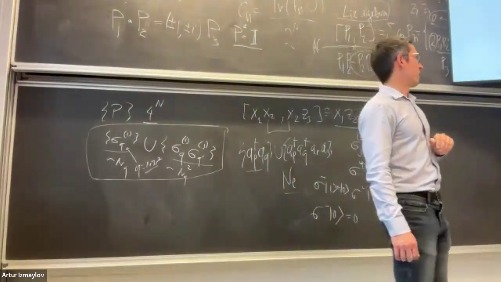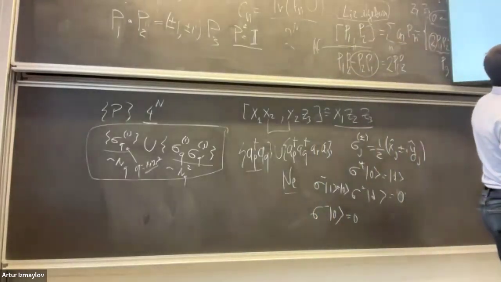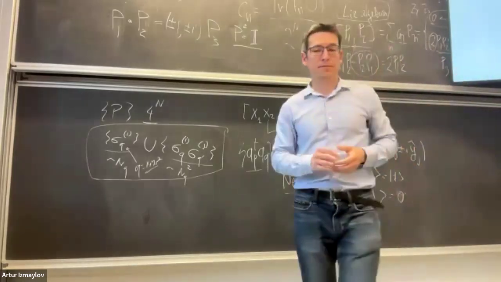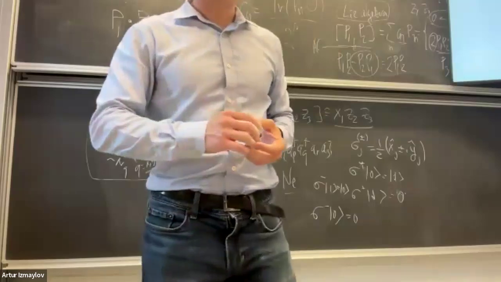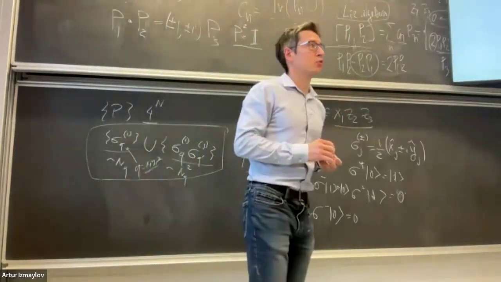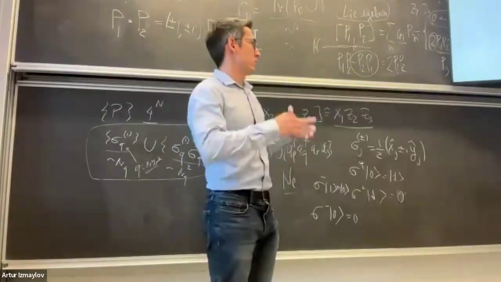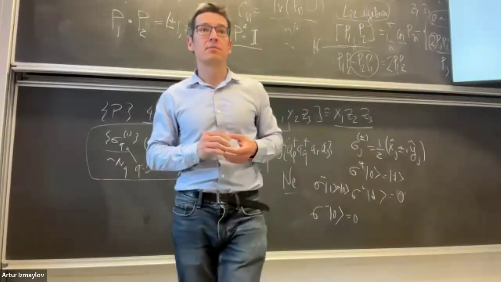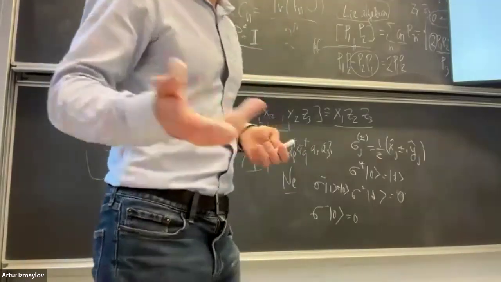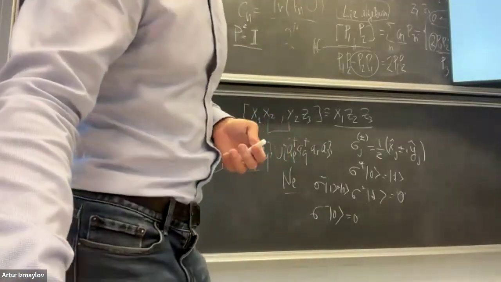Therefore we can now substitute A and A dagger by these products. And this is what Jordan and Wigner did in 1928. This was one of the first mappings between fermions and qubits, and it works like this.